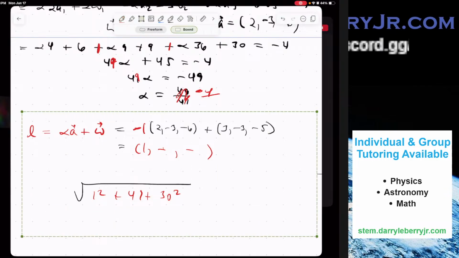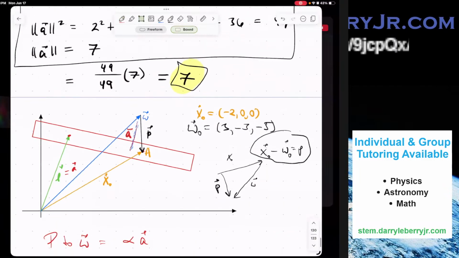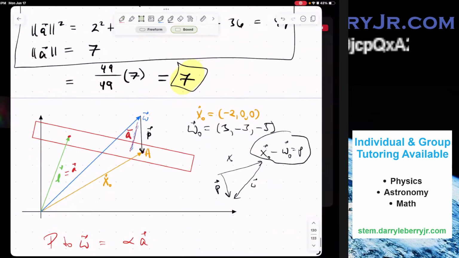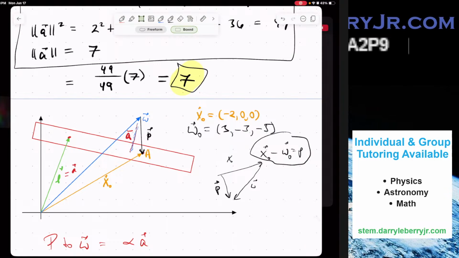Let me back up on this part. So the line, when I did it last time, I did W minus B. It should still be W plus TA.